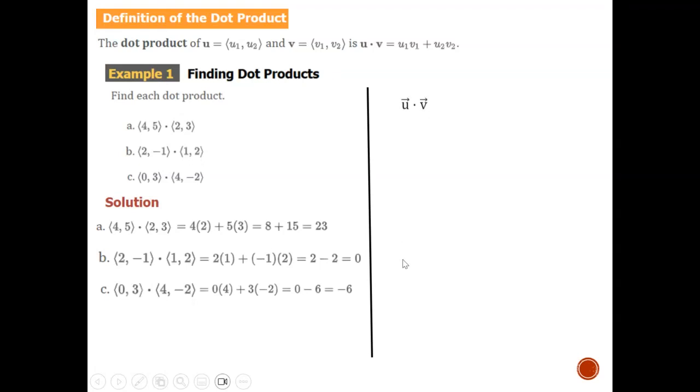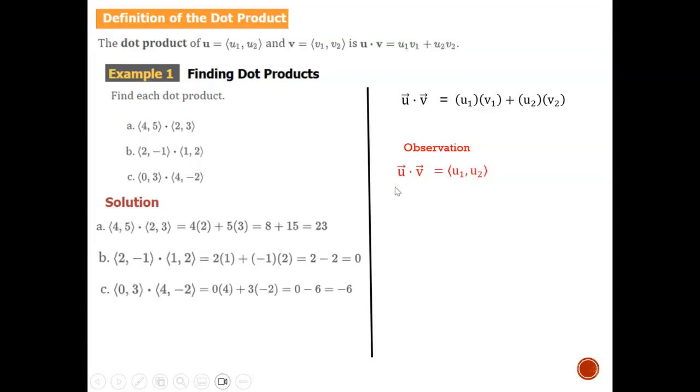Now here's the observation. They give you u dot product v, so it's going to be component u1 times component v1 plus component u2 times component v2, and then you add them. Here I'm going to prove the dot product.